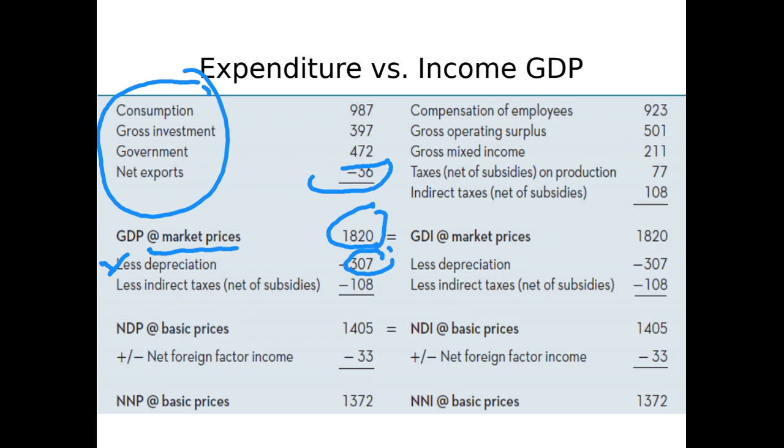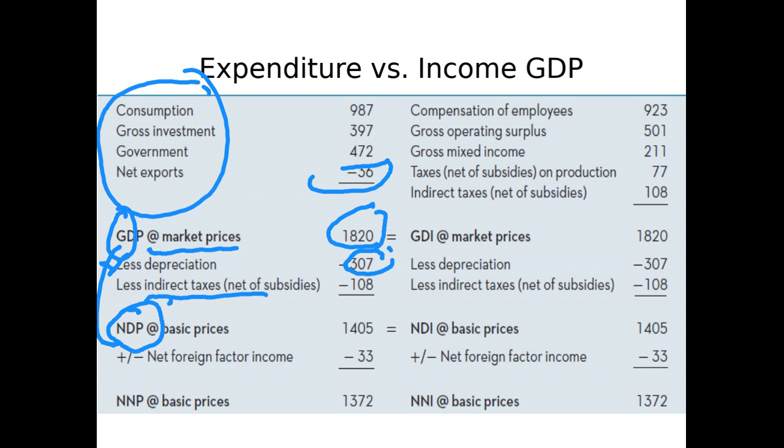We get, instead of GDP, what we call NDP. From G to N: G means gross, N means net. Net means I subtracted depreciation. That is why I call it net. This is the net income after excluding depreciation. And then I subtract taxes as well. When you subtract taxes, it means you are not calculating the value of those goods and services at the market price, but at the basic price.